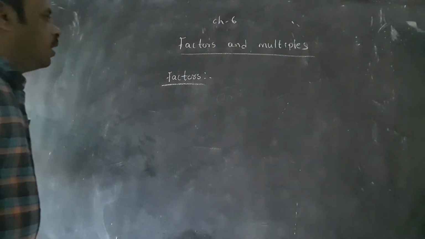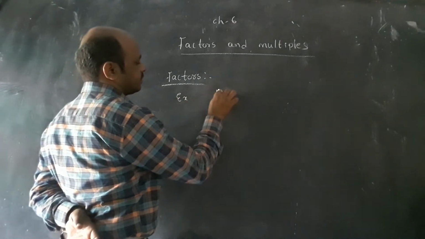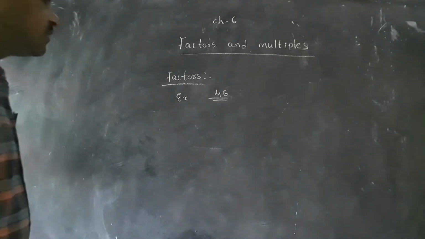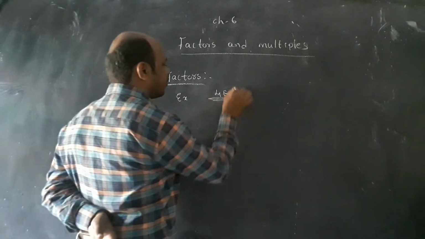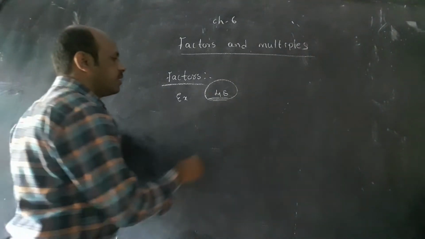Suppose, for example, I am taking 48. Which numbers is it completely divisible by, with the remainder 0? Those I will say here.